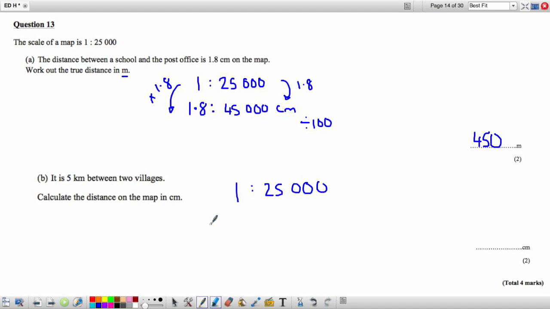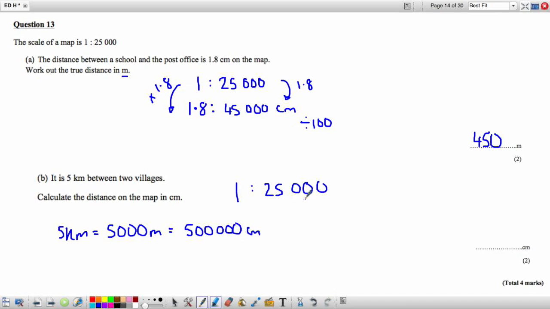So here now we are looking at trying to calculate the distance on the map in centimetres. So first off, let's convert here our 5 kilometres into centimetres. So first changing to metres by multiplying by 1,000, and then to centimetres by multiplying by 100. Centimetres.